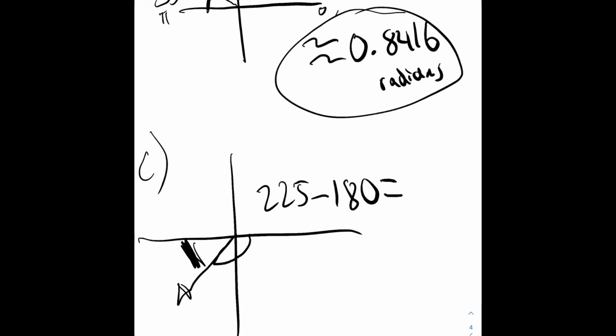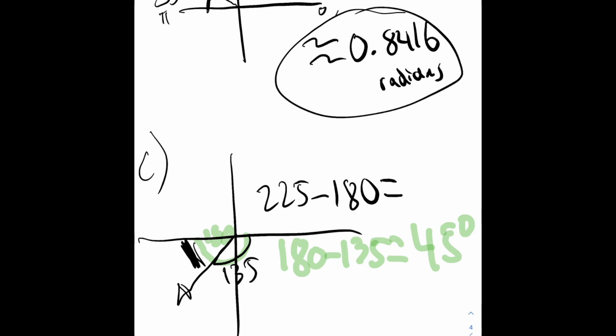You could say, if this is 135, to get here, this would be 180. So 180 minus 135, and you would get 45. Just know, you're not necessarily going to have a negative degree for your reference angle. Your reference angle is going to stay positive. I got 225 from going the other way. I was saying, if I went this way, I would be at 225.